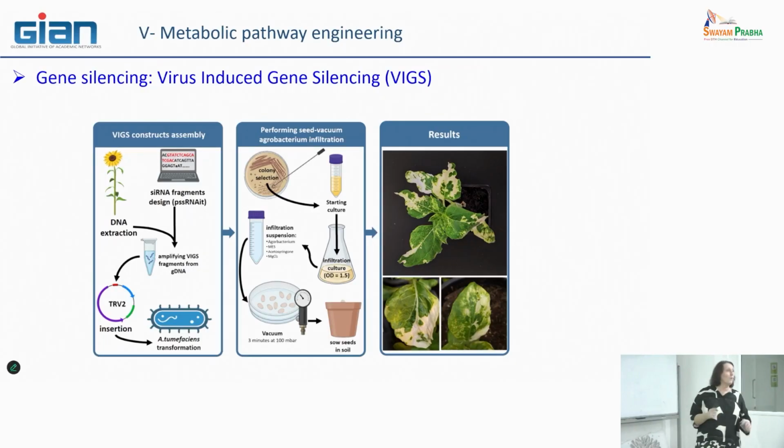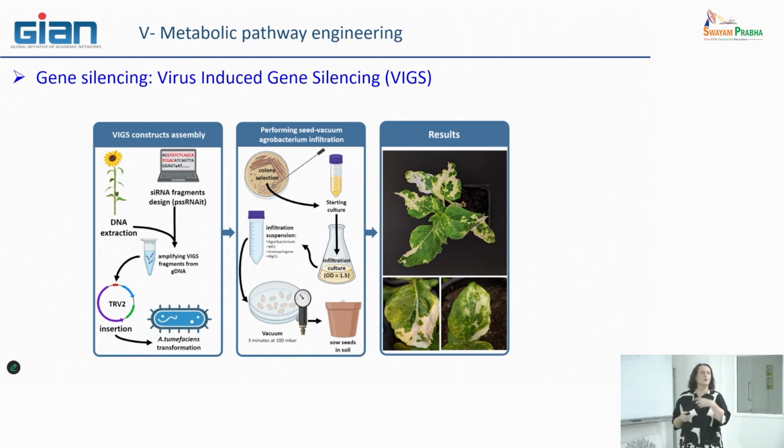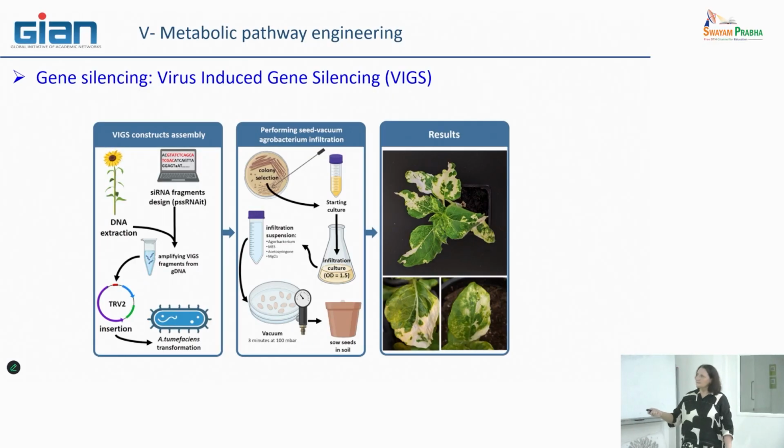So when you see here some white zones, it means that these cells are not able to produce any chlorophyll, which means that the control gene you are testing, phytoene desaturase, has been well silenced by your construction. So if you have made another construction that is less easy to observe directly, if it is a success in this case, in the other case it will also be a success.